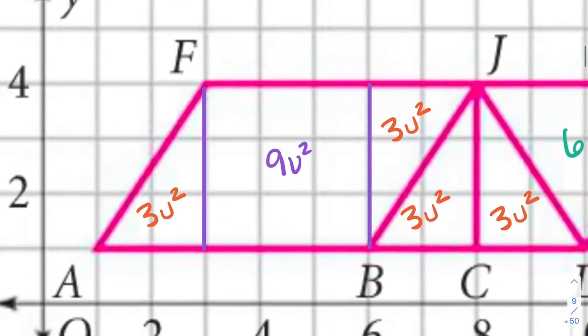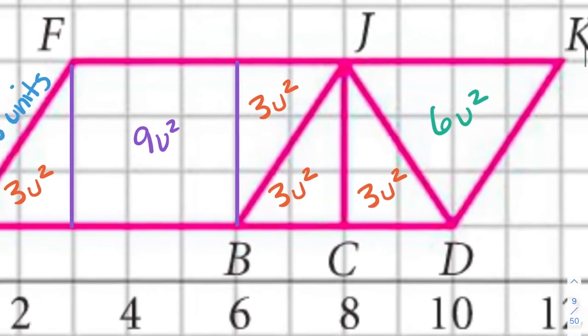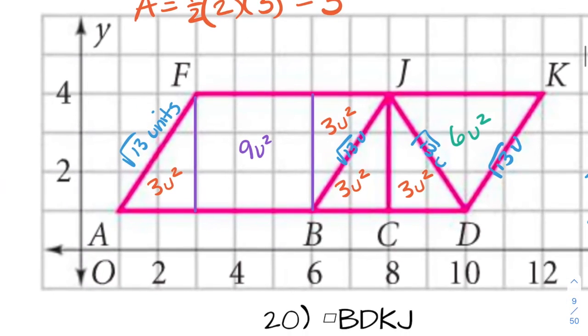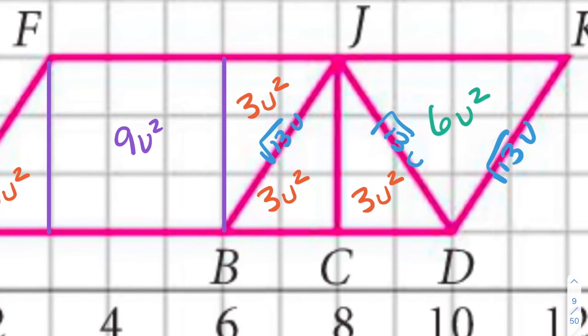So this is the square root of 13 units. Square root of 13 units each. So be careful, do not mix up the units with the units squared, okay?